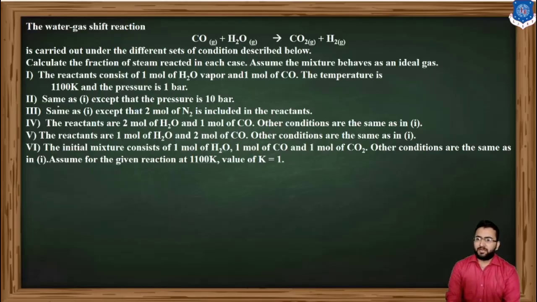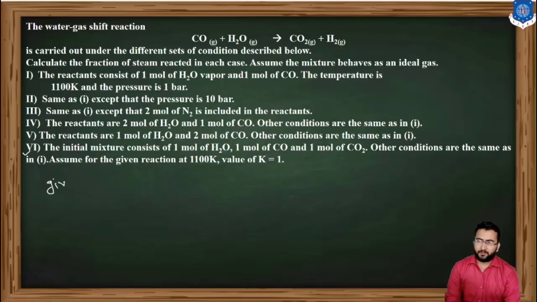There will be a number of cases given in this example: 1, 2, 3, 4, 5, 6 cases. Assume the given reaction at 1100 Kelvin and the value of K is 1. So in the statement, the value of K is given as 1.